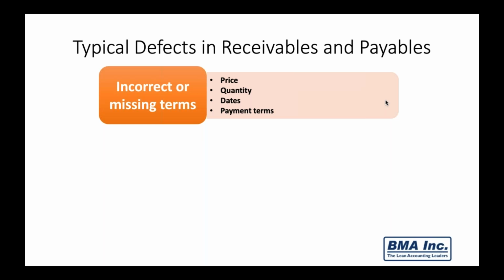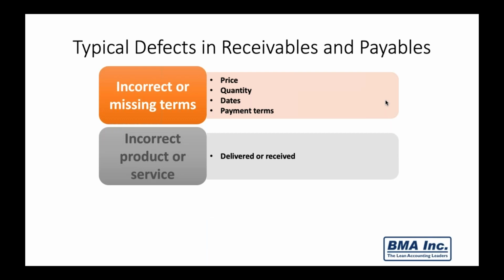So if you think about procure to pay, what are some of the problems? Well, accounting gets an invoice, and the price on the invoice is different than the price on the purchase order. Or the quantity on the invoice is different than the quantity that was received. Dates might be off a little bit. So all this creates a problem.